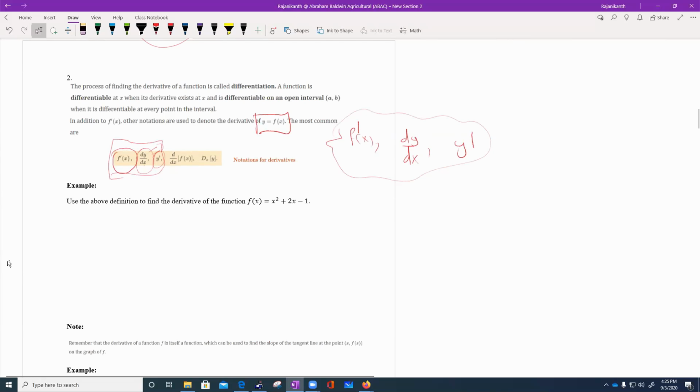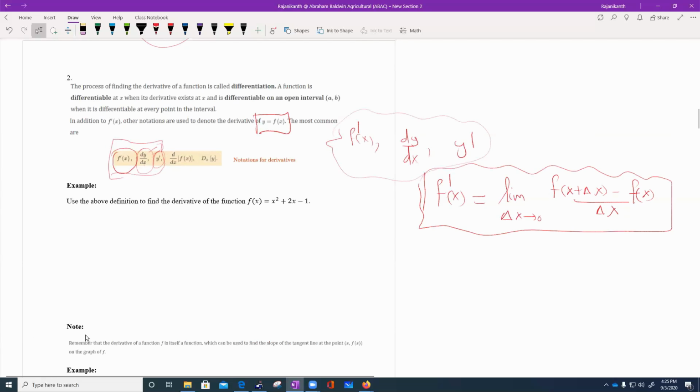Now use that definition. Which definition? The definition of the derivative of f at the given point x. Remember the formula. Let me write it down one more time: f of x plus delta x, subtract f of x, then divide by delta x. This is the formula we are going to use to find the derivative of a given function.